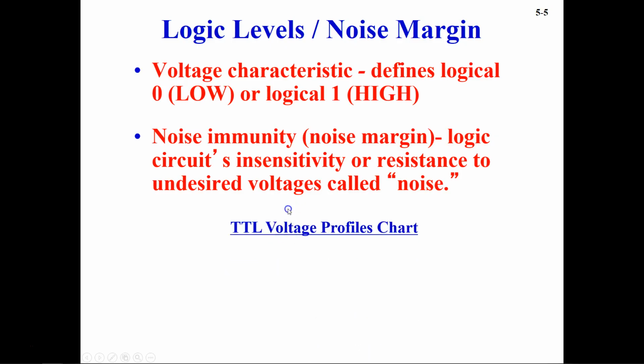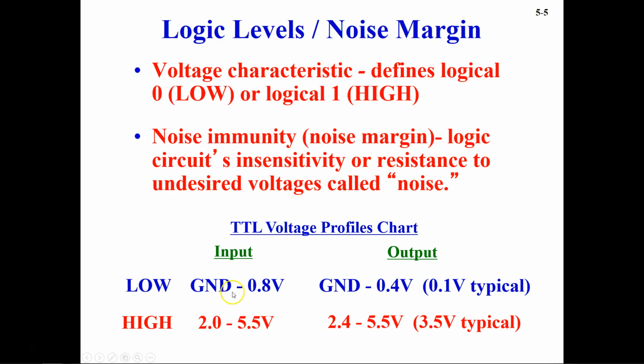We have this TTL voltage profile chart you see here. This is the input characteristics and this is the output characteristics. The low level is from 0 to this, where GND is the ground, which means from 0 to 0.8 volts, and the high signal will be sent between 2.0 to 5.5 volts.